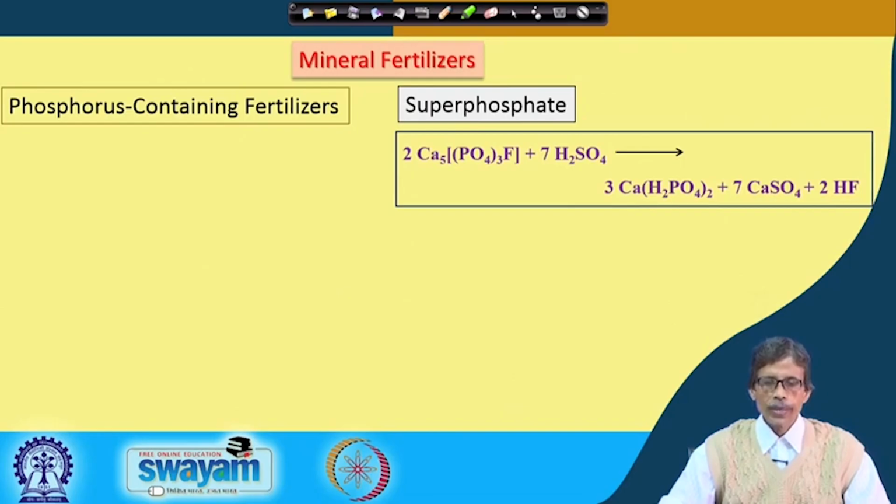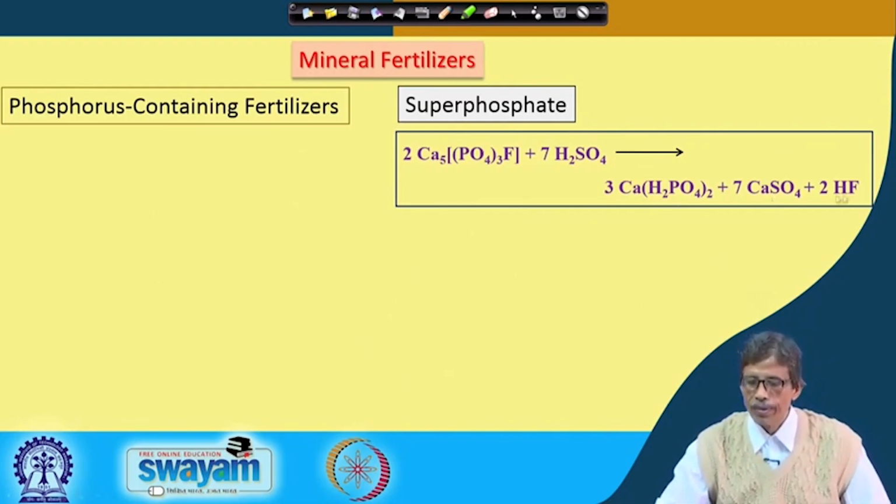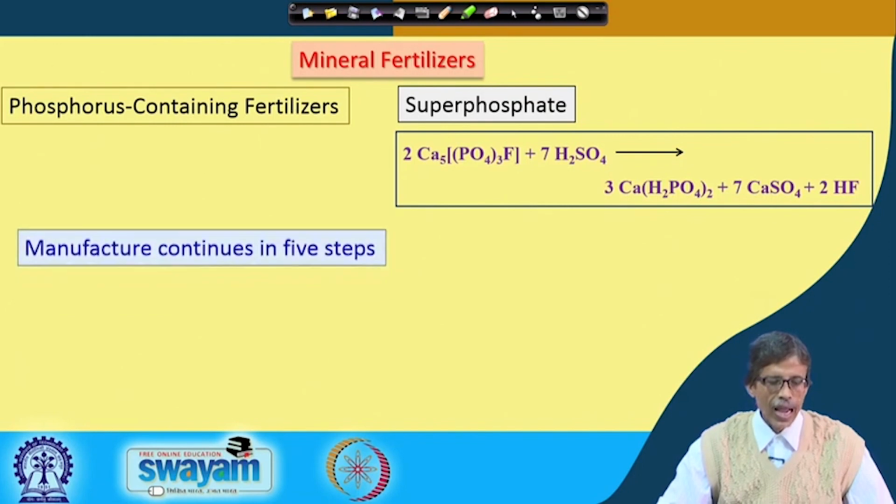For making superphosphate, the elemental composition is calcium, phosphate and fluoride; if F is substituted by OH, we know that is the hydroxyapatite. That fluorapatite, when treated with sulfuric acid, gives you calcium phosphate, that means Ca(H2PO4)2, along with calcium sulfate and HF. So, this is basically a mixture of calcium phosphate and calcium sulfate, and this typically gives you the superphosphate preparation, and that superphosphate makes the phosphate based fertilizer.